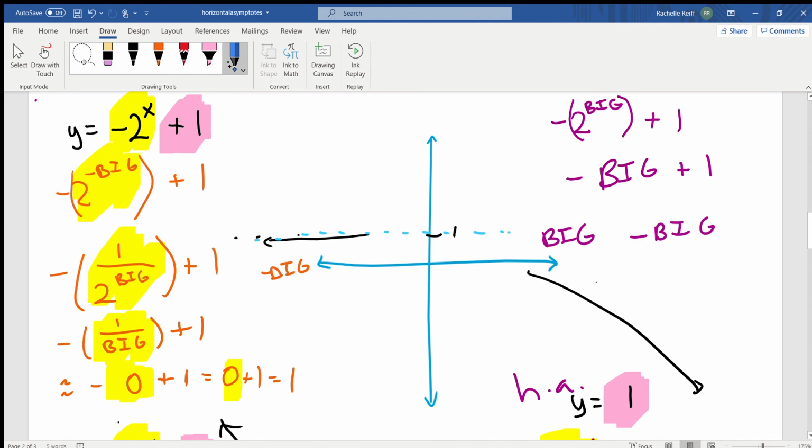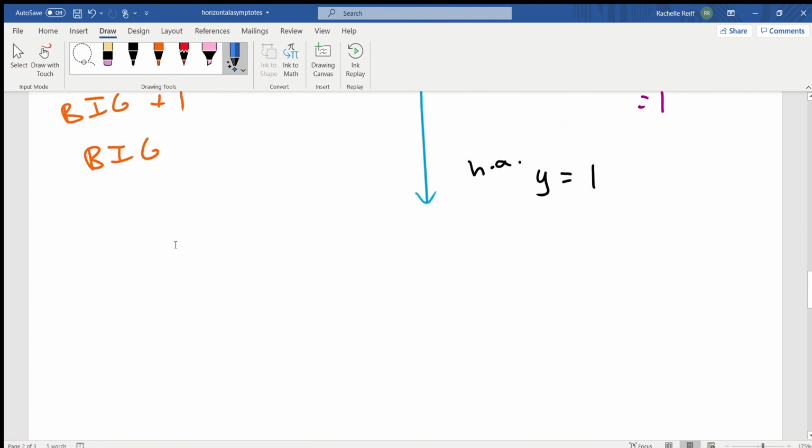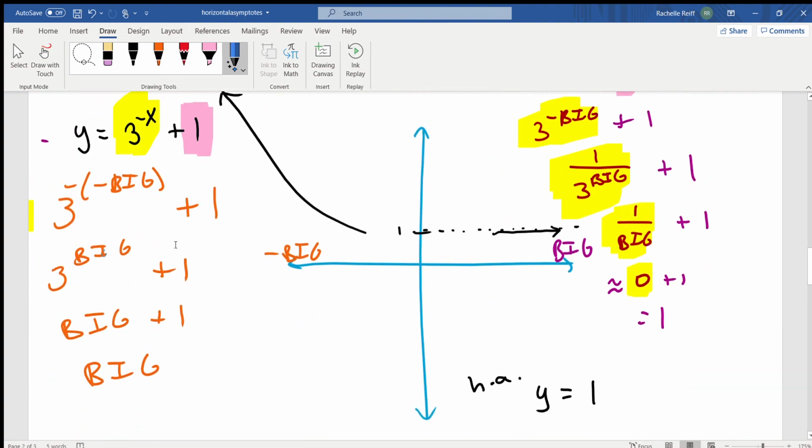So if I'm looking at this term right there, if I have 2 to the something or e to the something, my horizontal asymptote will always be whatever's right here. So that's y equals 1 in this case, which happened to also be y equals 1 in the other case.